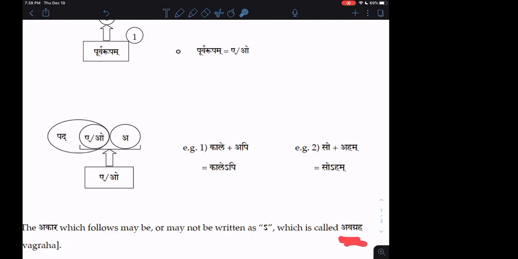It's called an avagraha. So notice that akara is missing. To note that there used to be an akara, sometimes we write that avagraha. Avagraha is not a letter. Sometimes it's a notation that was added more recently to note that there used to be an akara there. So you can break the sandhi a little bit easier.